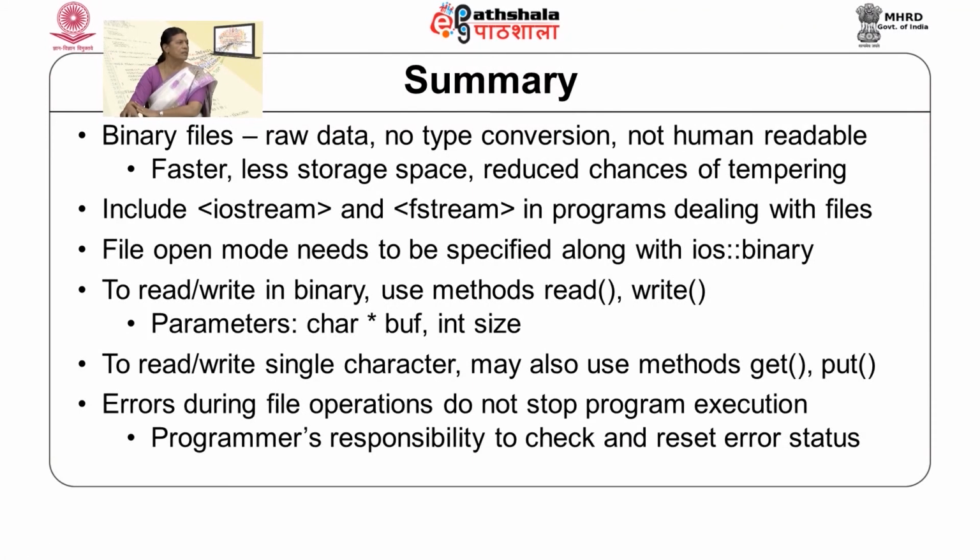So, let us summarize now what we have learnt. Working with binary files is working with raw data, no type conversion takes place, no numbers are converted to strings, or strings converted into numbers, or objects converted into the corresponding ASCII string, or vice versa.